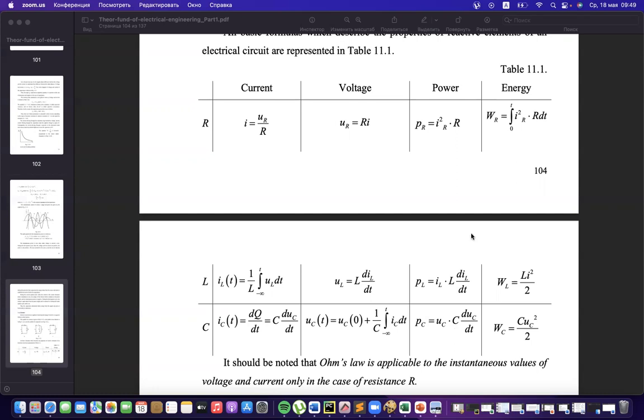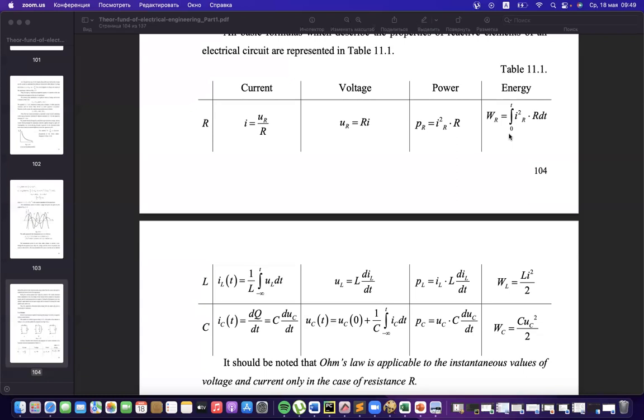That is why the total energy that we have for the resistor will be the integration of Joule heating over the period of time.